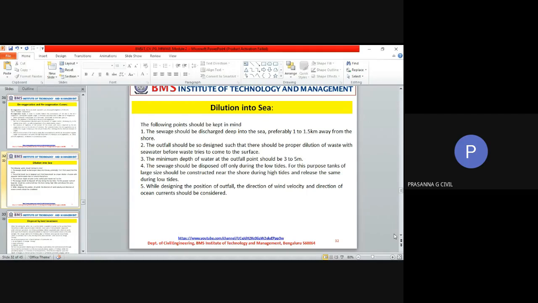And the major thing: the water into which you are disposing should not be a source of drinking water. Keeping in mind all these things, we will decide whether the method of dilution is possible.